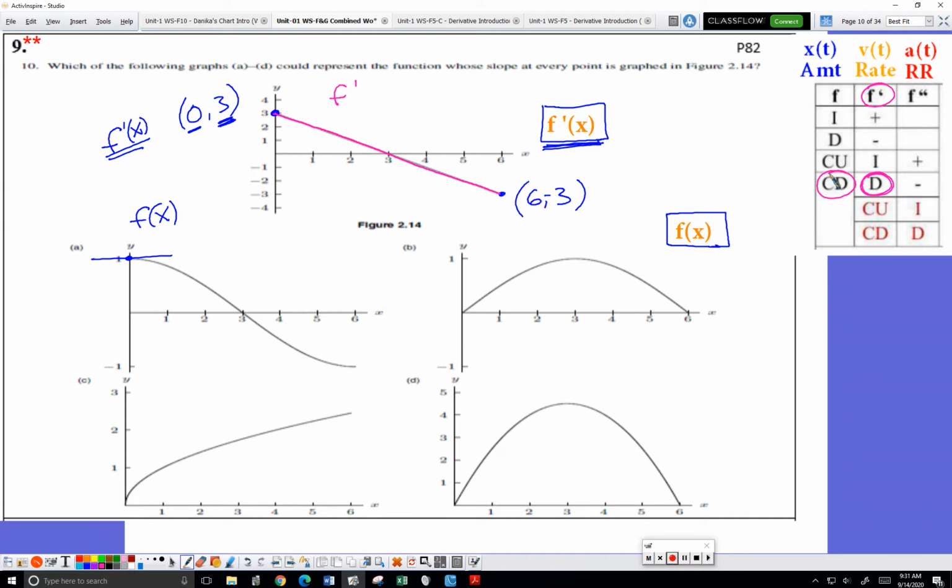Let's follow Charlie's reasoning for a minute. So if f prime is always decreasing, like we see, my f should always have a concave down shape. Raise your hand if you know which answers are possibilities at this point.